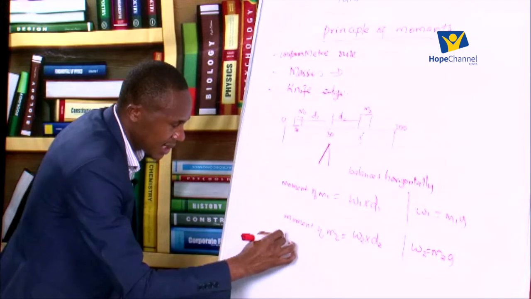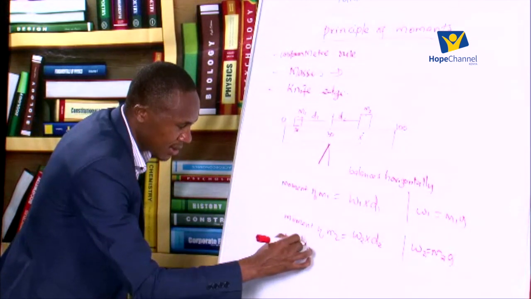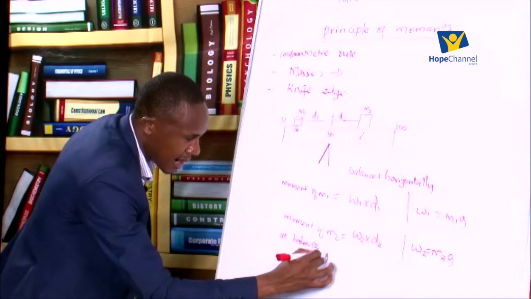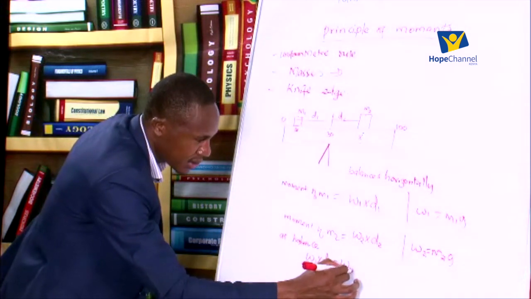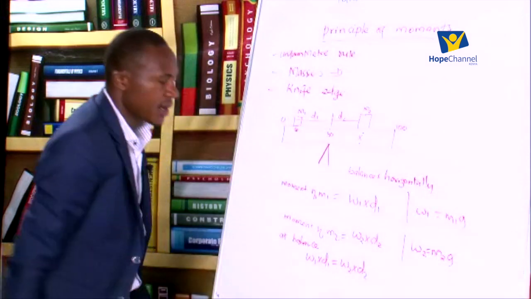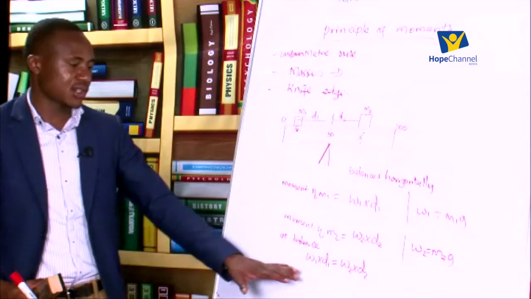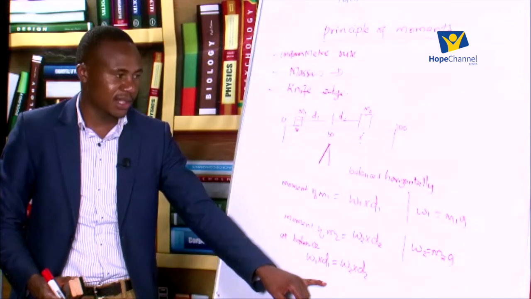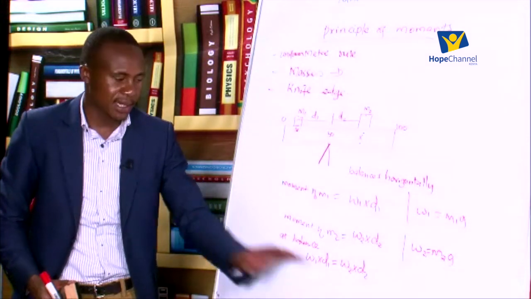So at balance, when the meter rule is horizontal, weight 1 times D1 will always be equal to weight 2 times D2. Now this leads us to a conclusion that is known as the principle of moments.